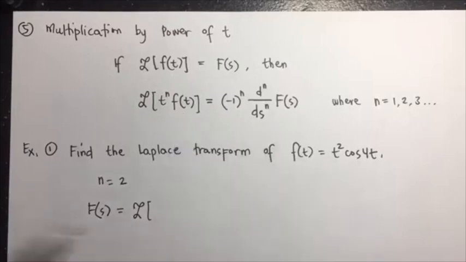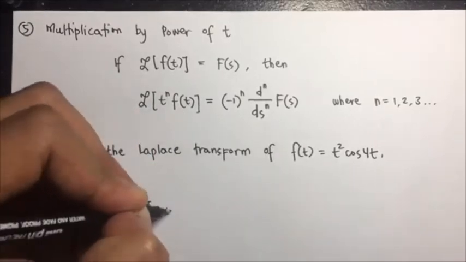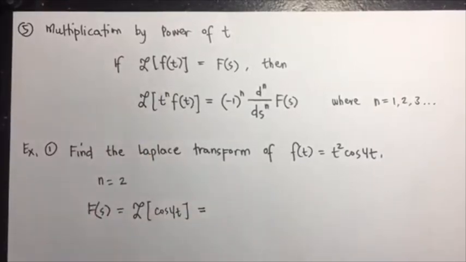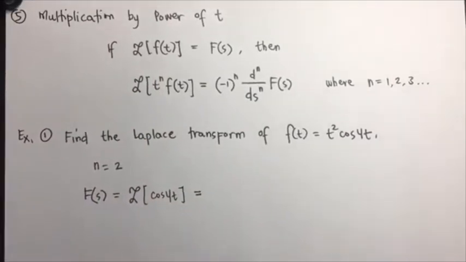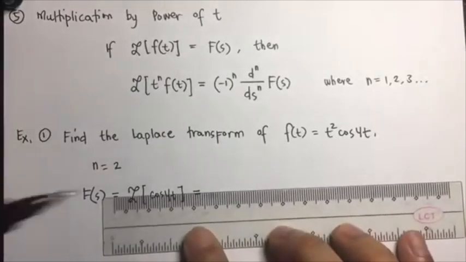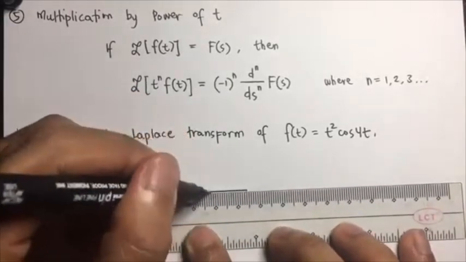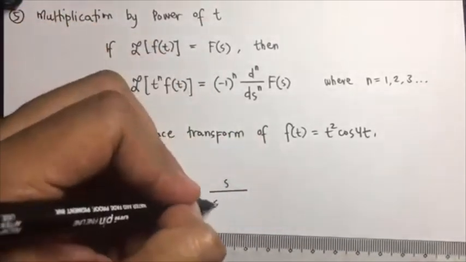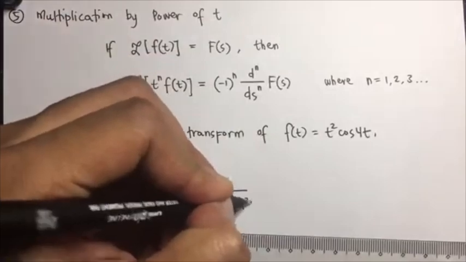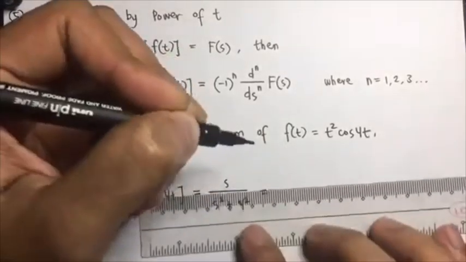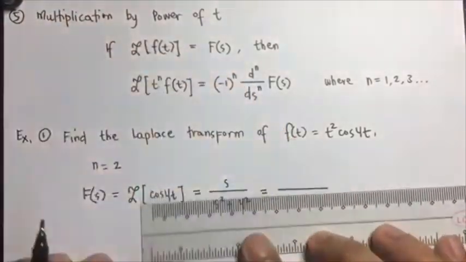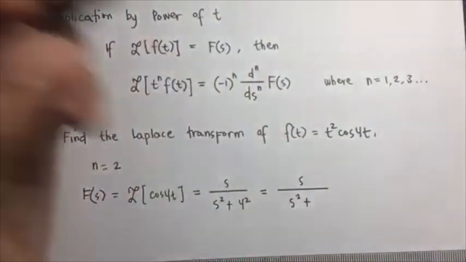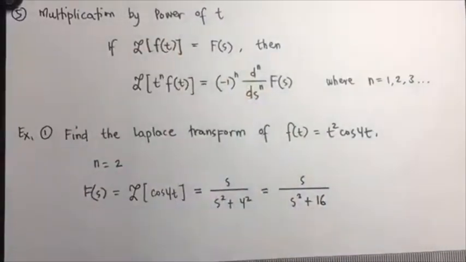So the Laplace transform of cosine 4t is equal to, from the formulas that we have already memorized, s over s squared plus 4 squared, that is s over s squared plus 16.